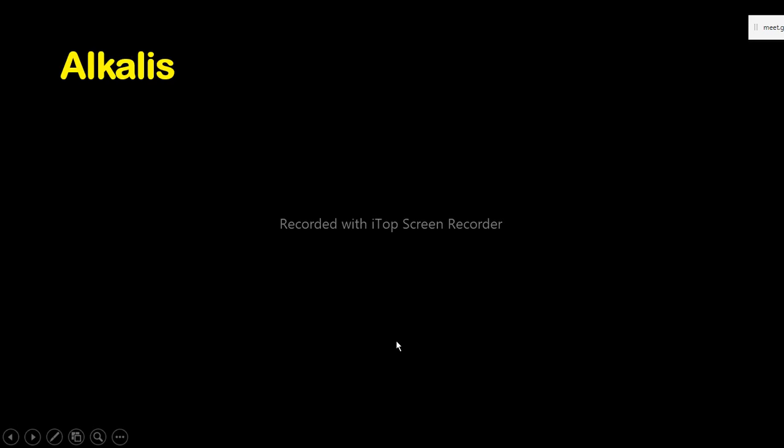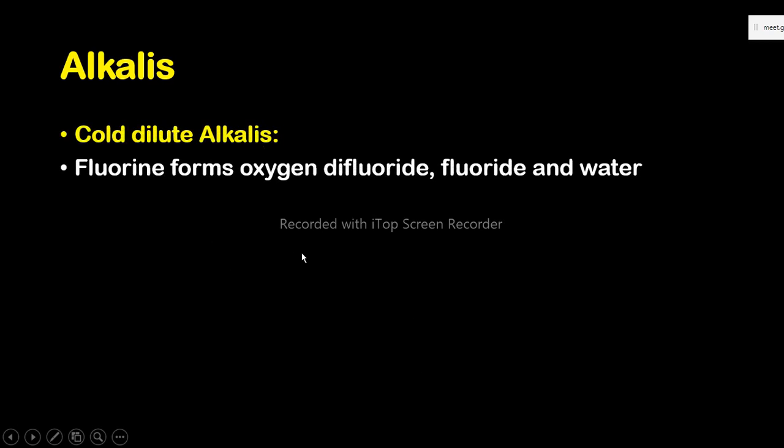So how about alkaline solutions? Still our special case, fluorine. Now with cold alkaline solution, fluorine reacts to form oxidifluoride and a fluoride plus water.